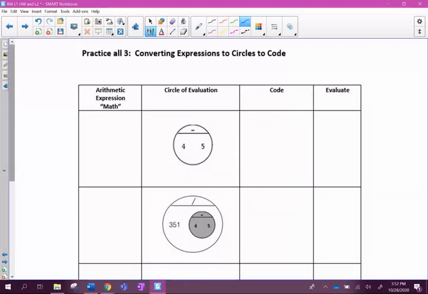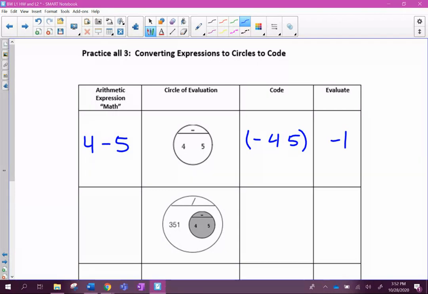So this circle of evaluation is telling me to do 4 minus 5. In code, we start with the parenthesis, and then the first thing is the operation, which would be minus, and then we have a 4 and a 5. If I evaluate this, 4 minus 5 gives me -1.